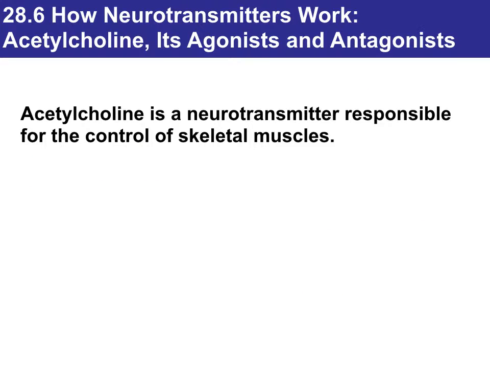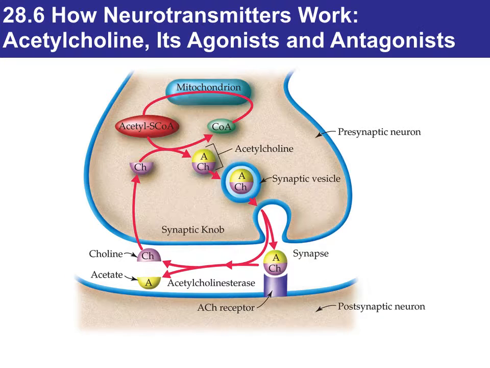Example right here, acetylcholine, a neurotransmitter responsible for control of skeletal muscles. This is pretty complex, but what I want you to realize is that you have a signal that is going to help assemble an efficient and effective acetylcholine that will be included into a synaptic vesicle that can fuse with the membrane of the synapse and be released.